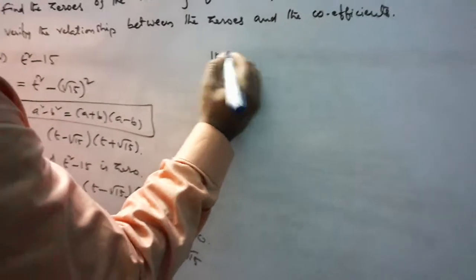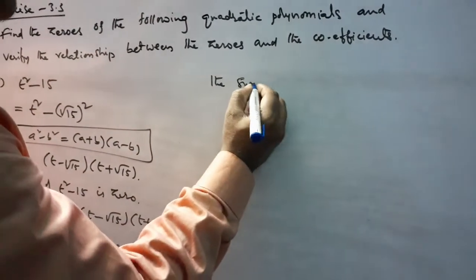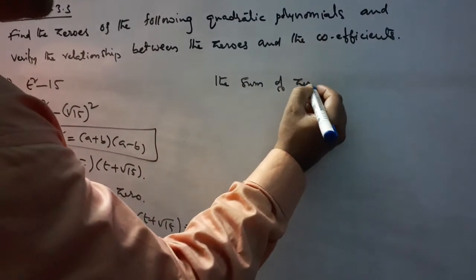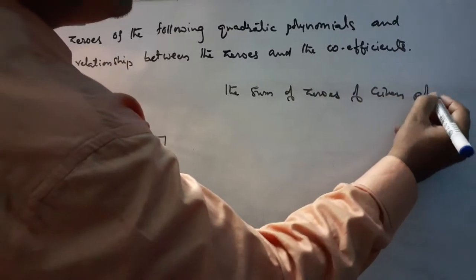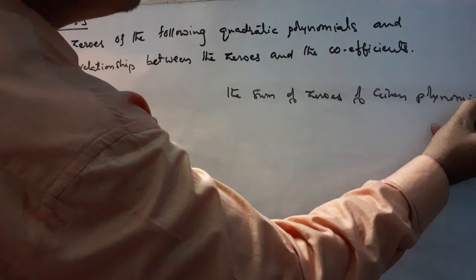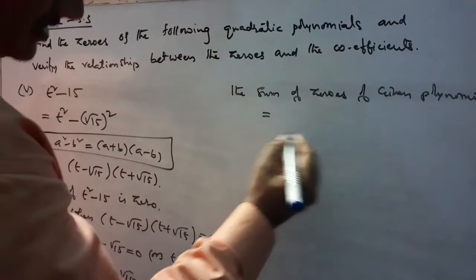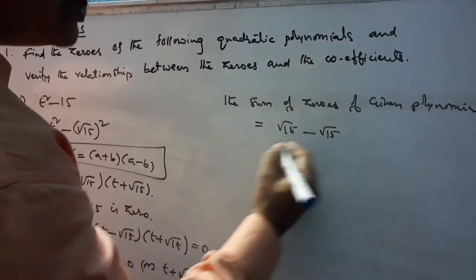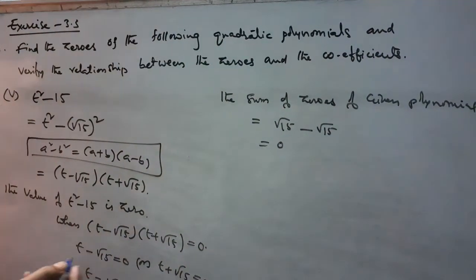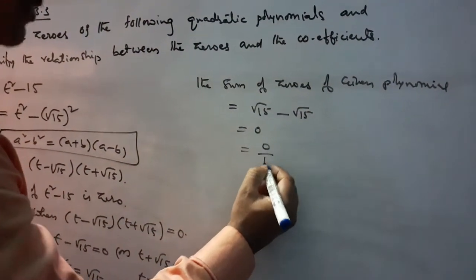So the sum of the zeros of the given polynomial: the first one is root 15 and the second one is minus root 15, so it becomes 0. 0 we can write as 0 by 1.